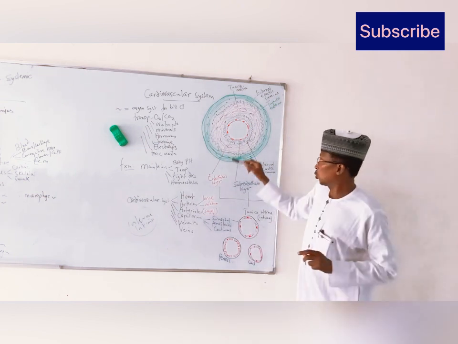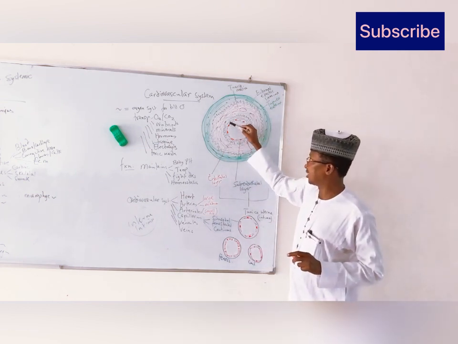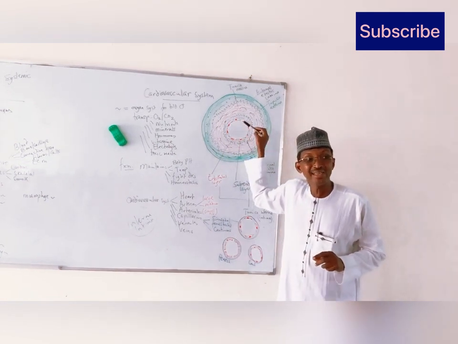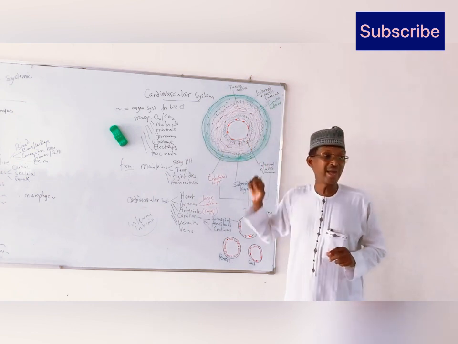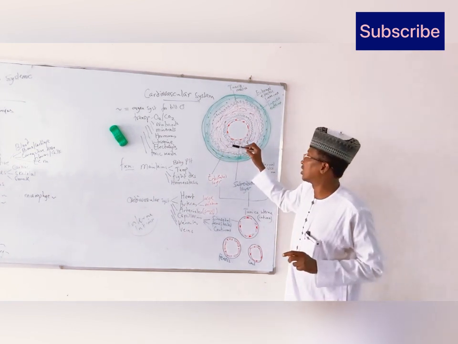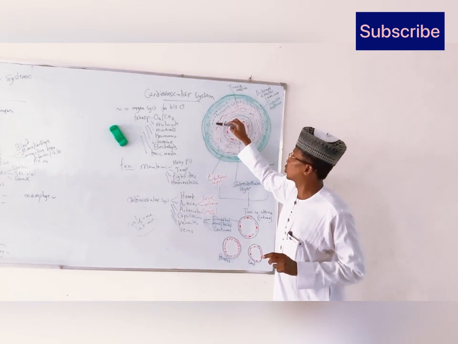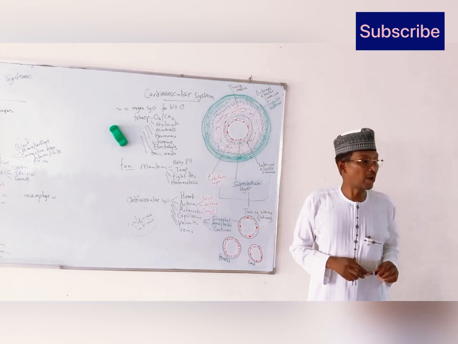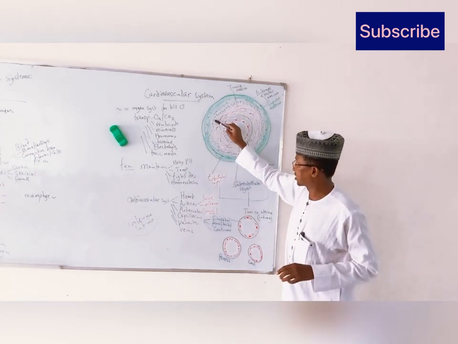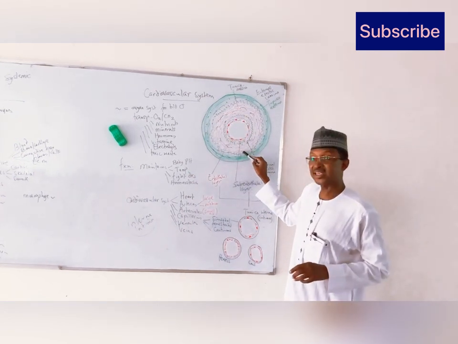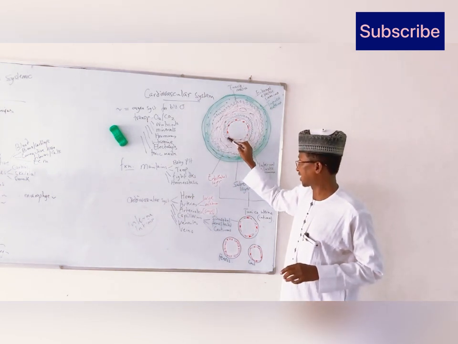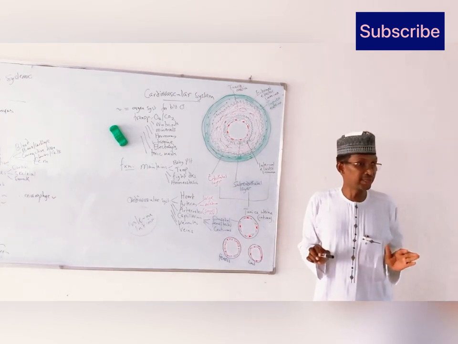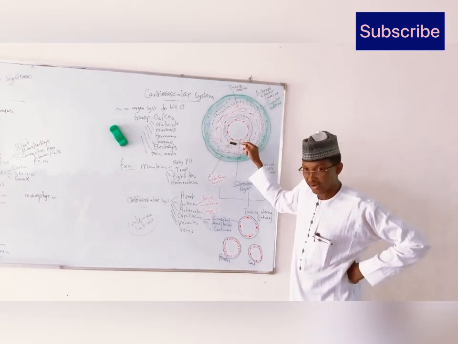That means you will not be able to differentiate the junction between the tunica interna and tunica media. Similarly, you may not likely be able to distinguish between the tunica media and tunica externa or adventitia, because you will not see this serrated tunica externa here. You may also not likely see this internal elastic lamina. Are you clear? So these are two of the differences.